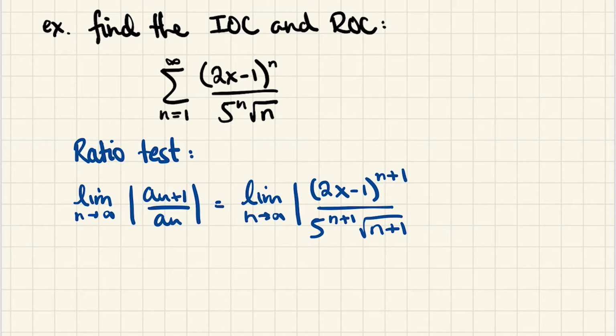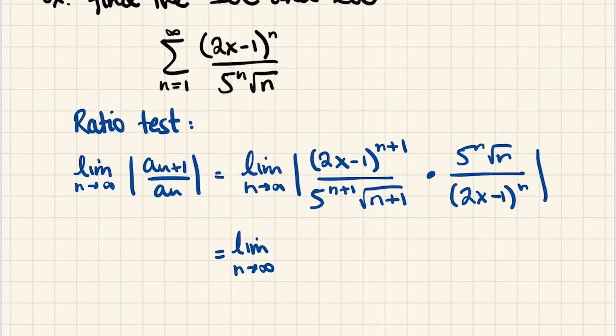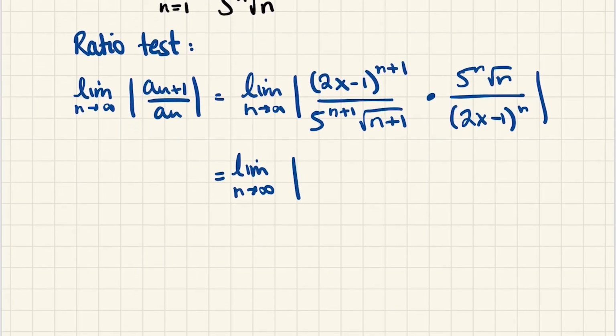And we could put that all over a_n, but in practice it's a lot easier just to multiply by the reciprocal of a_n, of course. So that would be 5 to the n, root n in the numerator, and then 2x minus 1 to the n in the denominator. Okay, and let's line everything up with its friends.